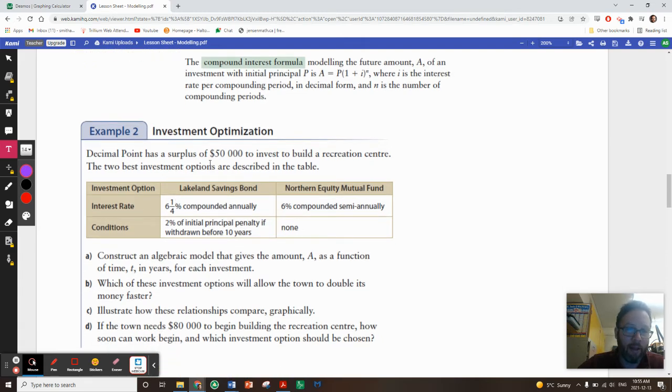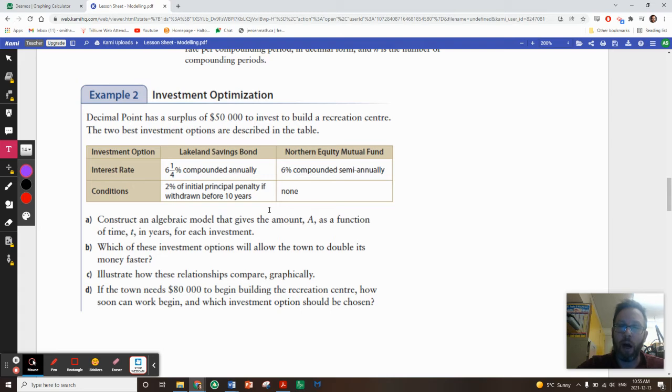So here we're going to look at two different investment plans and decide on an optimal strategy for us. So let's say we have $50,000 to invest to build our recreation center. We can invest that right now, so in the future we have that money to build our recreation center. So we have two options.